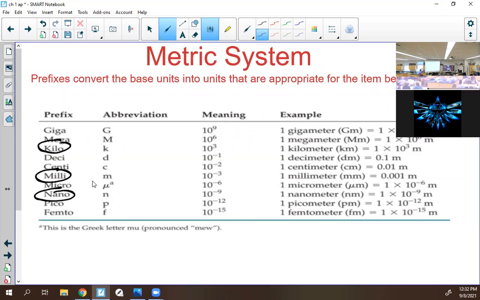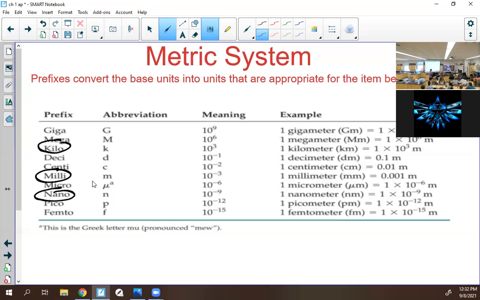So we have our base, and then it goes up or down based on what the prefix means. So like centi, it means it's 1/100th. Milli, 1/1000th. Kilo, 1,000 bigger. Nano, that's the only real small one we use. It's 1 × 10⁻⁹. It's a billionth.